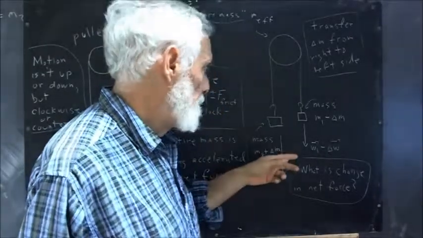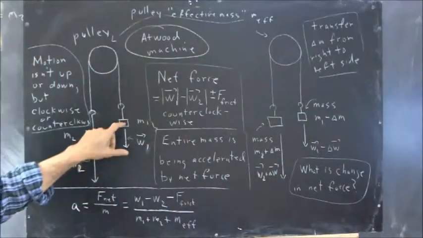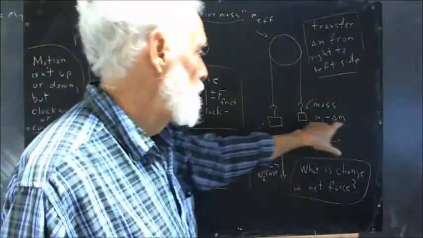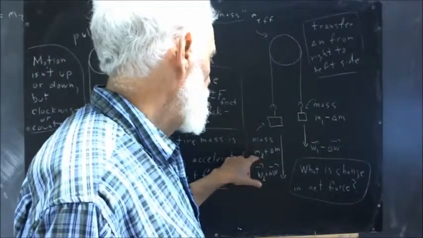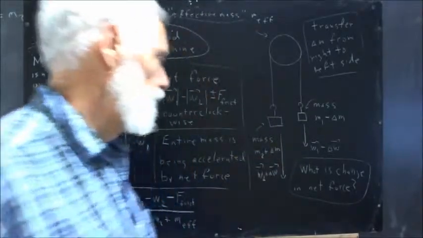Okay, now, if we originally had mass M1 and M2, then we're going to have mass M1 minus delta M and mass M2 plus delta M on this side by transferring that mass from one side to the other.